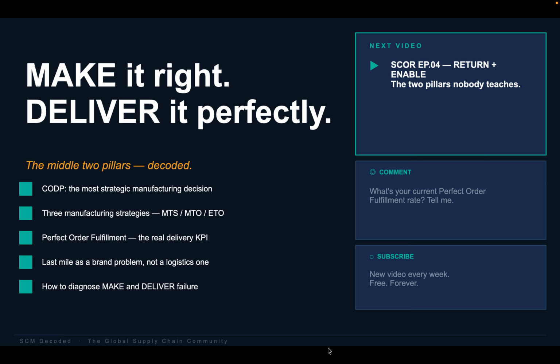Please understand, CODP is not a theoretical concept. It is sitting inside your operations right now, making decisions for you and deciding your business. The question is whether you make that decision or whether it makes itself.